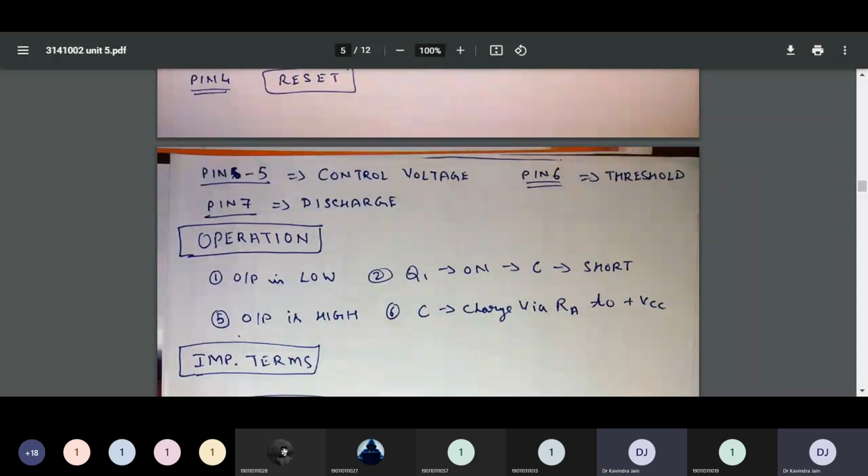Step number 9: it drives the output to its low state.